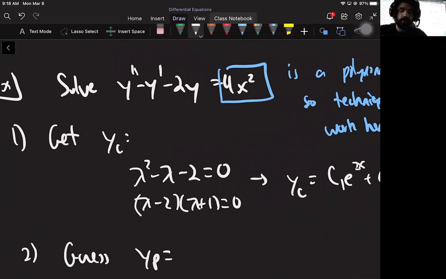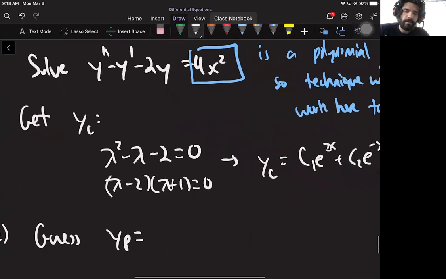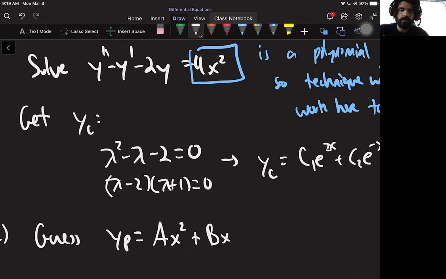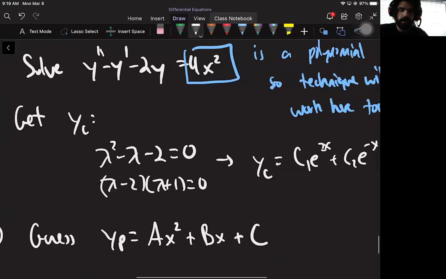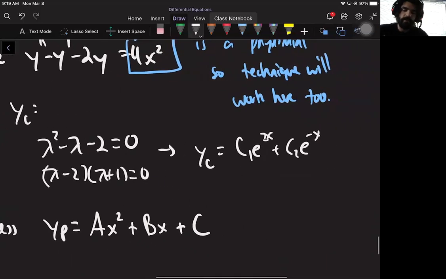Okay, so now our guess. Well, let's see. When I take the derivative of a quadratic, I don't just get a quadratic. So I'm not just going to guess this. In fact, what I'll get is lower powers of x. So I have to figure out how many lower powers of x might also be in here. I have to go all the way down to no powers of x from the highest.